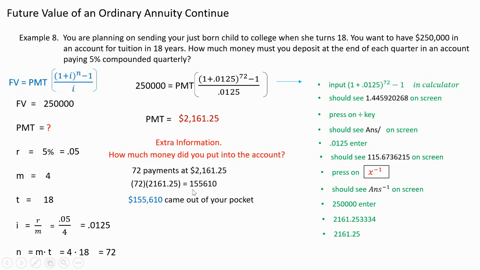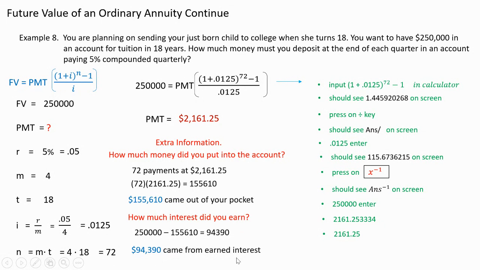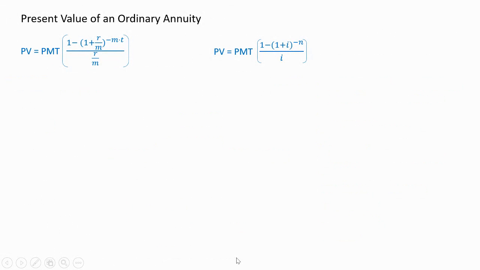The rest of the money to reach the 250 was in interest. That's how much money you earned in interest. So we subtract 250,000 minus 155,610, which gives you $94,390 in interest. That's how much money you got extra. Okay, which is not bad at all.